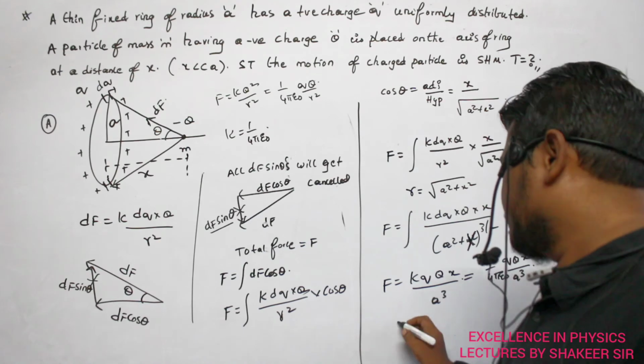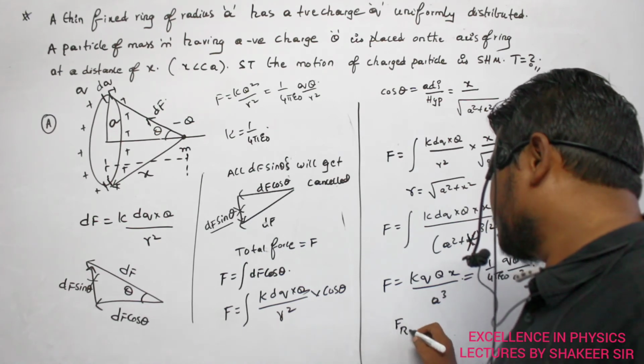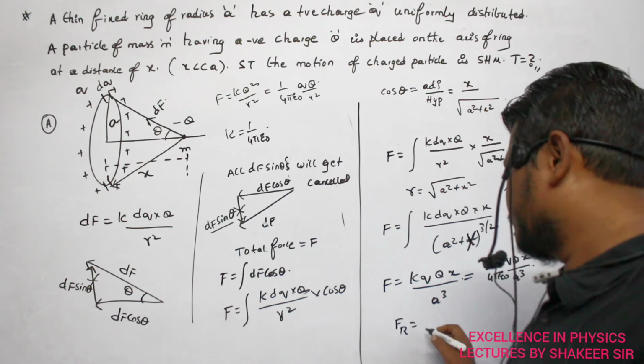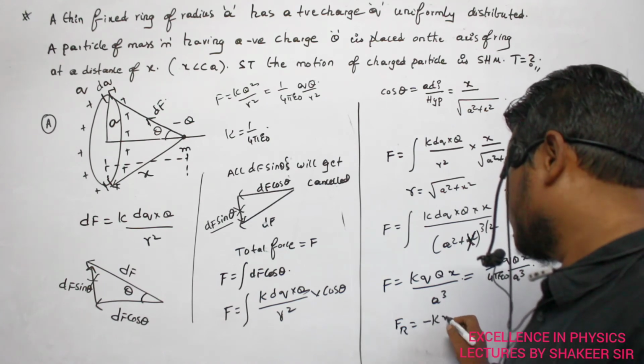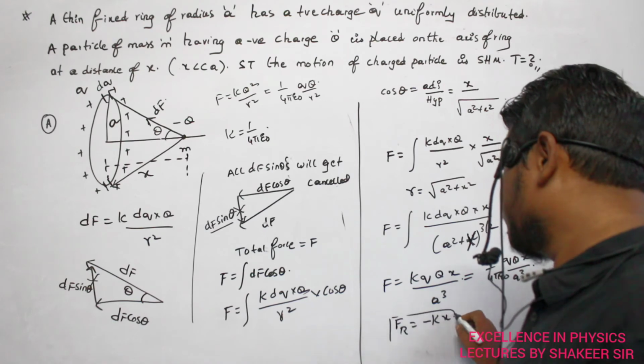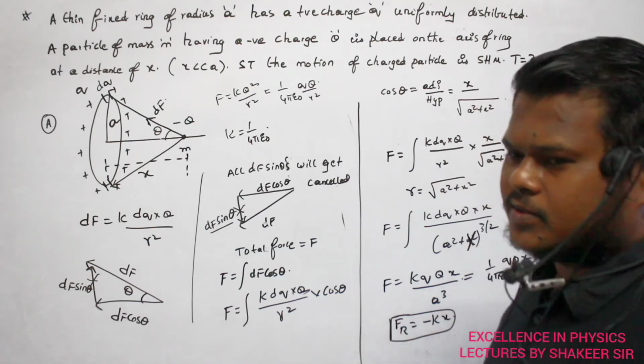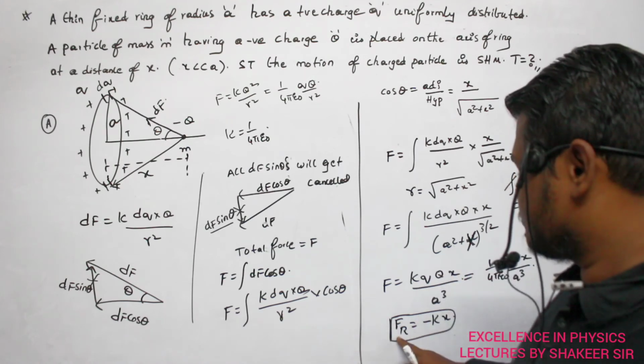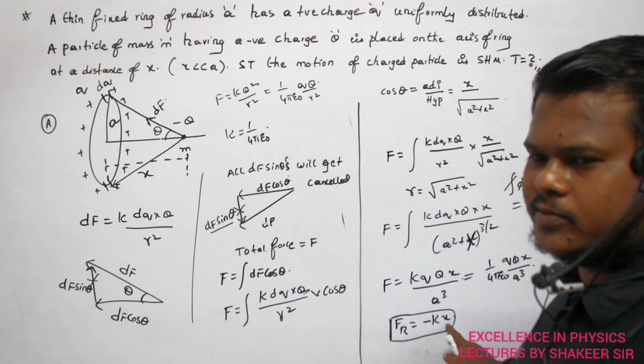And what is the restoring force in a spring? We have already studied in simple harmonic motion that the restoring force in a spring is minus k into x. In SHM you should have studied this equation. So restoring force is equal to minus k into x; it is directly proportional to x.